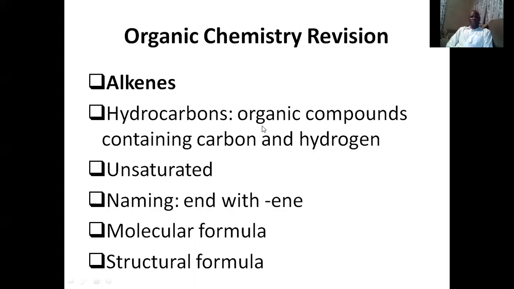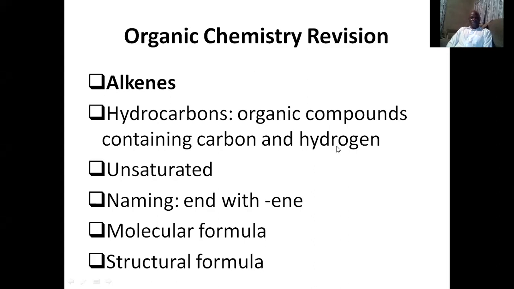As I indicated, today we're looking at organic chemistry, and in particular, we are concentrating on the alkenes. As you are aware, alkenes are hydrocarbons, meaning that they only contain carbon atoms as well as hydrogen atoms.